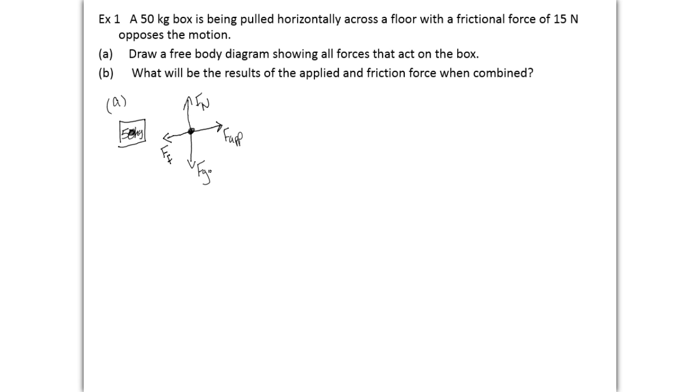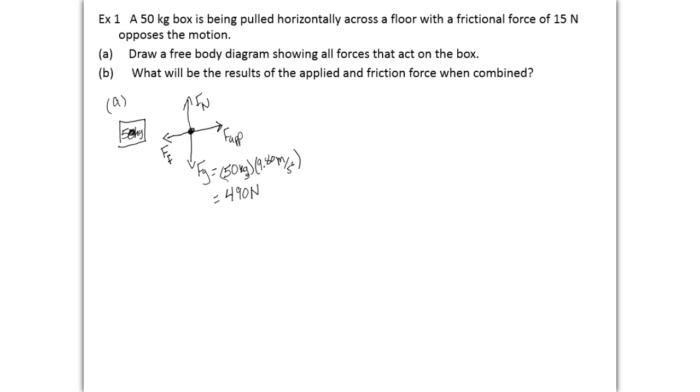If you want to get the amount of the force of gravity, remember it's mass times gravity, and that will be on Earth, so 9.8 meters per second squared, and 50 times 9.8 gives 490 newtons.